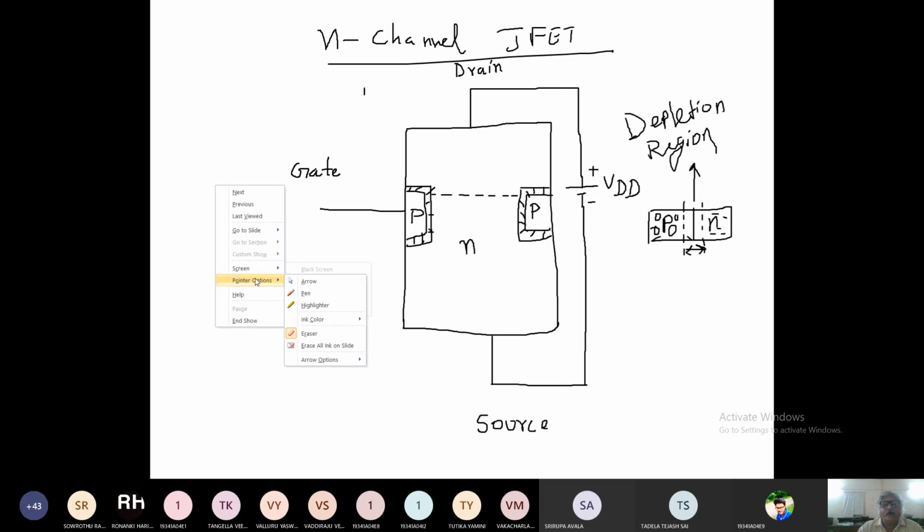Simply, we will connect this gate to ground. So this means, what is the voltage between gate and source? You see in this diagram.